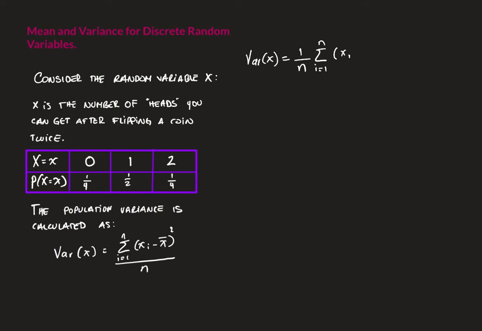So it would be xi squared minus 2 xi x mean plus x mean squared. We can do the separation of the sum for each of those terms. And we're going to do it like this.